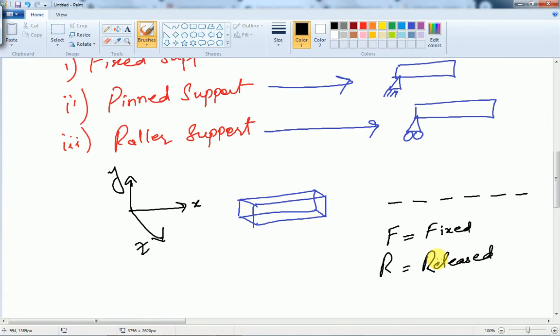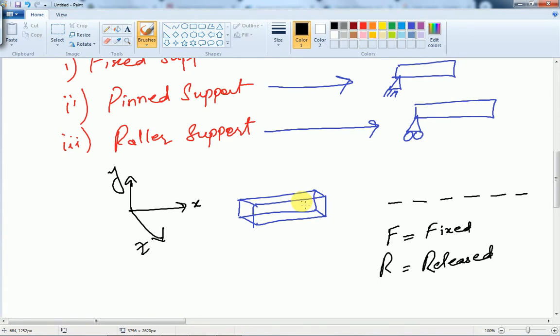R means released, meaning the body is free to move about that axis. For example, there are three coordinates, and if we apply a force and the body can travel along the x-axis.